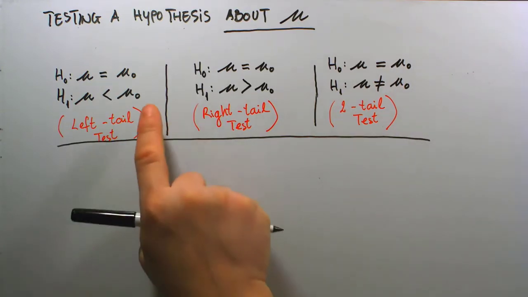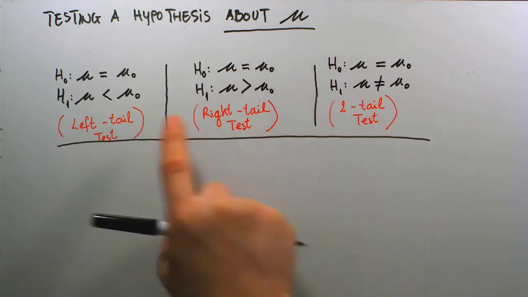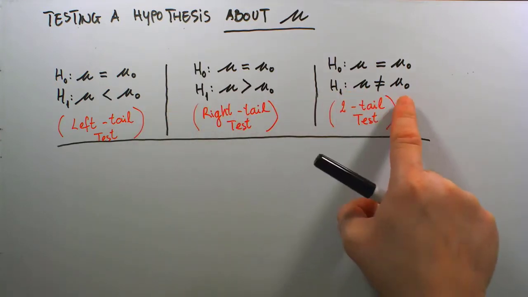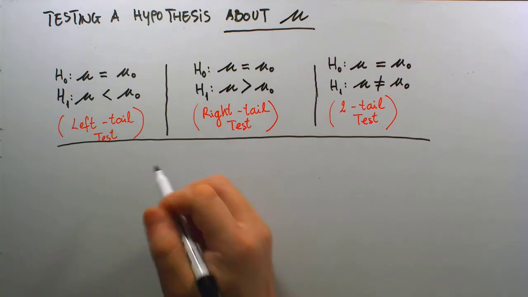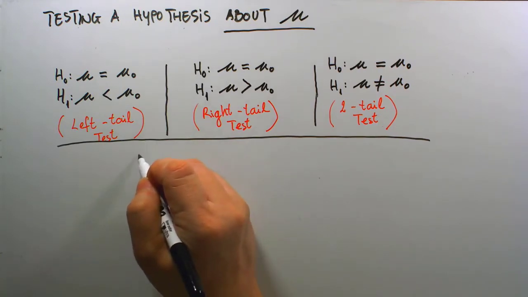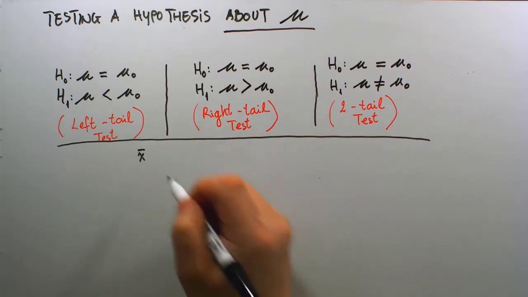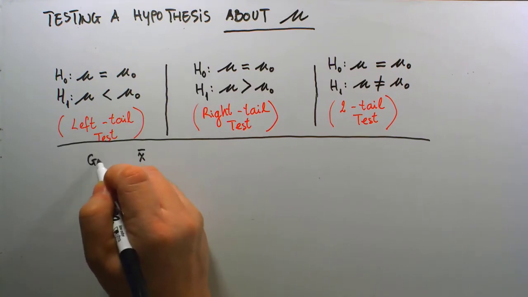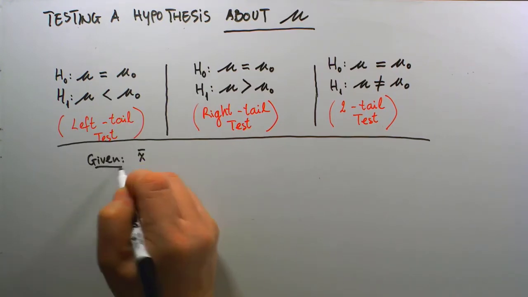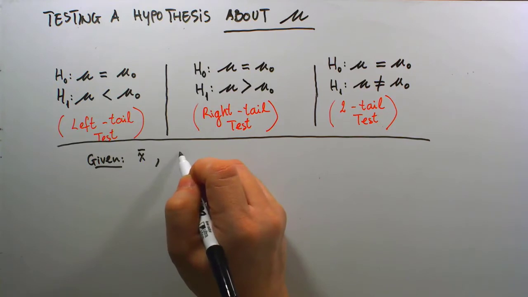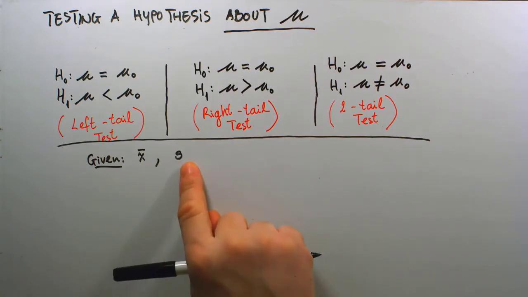And then in any of the three kinds of tests that we are performing here, in the end we always need to rely on our given sample mean value, and we will rely on our given sample standard deviation.